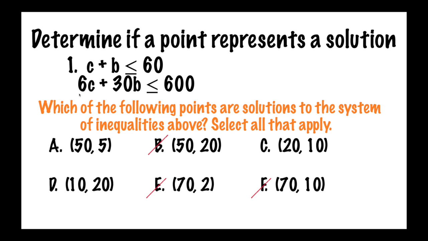Then for D, when I plug in the 10, I've got 60. This is going to give me 600, and those two are going to exceed 600, so D is not going to work. So since A and C worked for each inequality, those will be our answers.